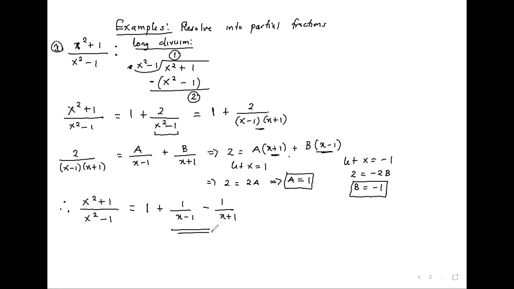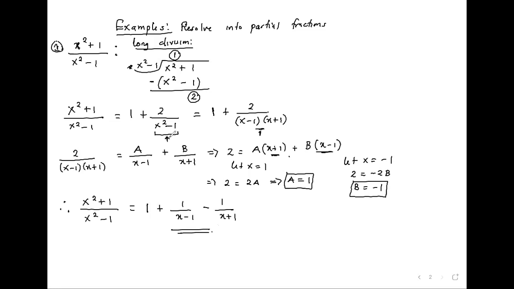Any questions? Sir, just repeat your explanation on step 2. Which one are you calling step 2? Okay, after the long division. After long division, then you factorize the denominator.